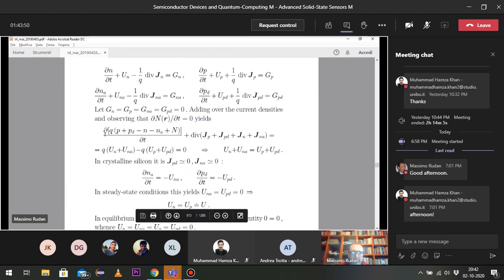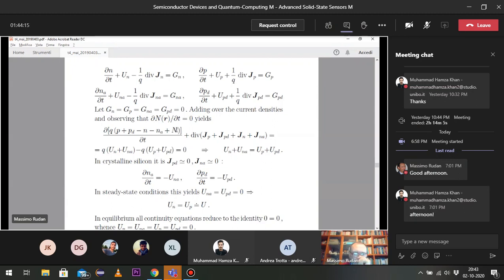So you see we have dp dt, it goes here, plus dpd dt, it goes here, less dn dt here, less dna dt here. And then we add the dopant.